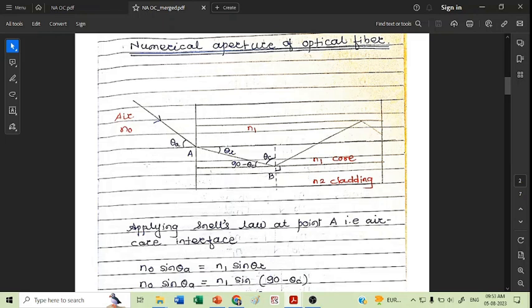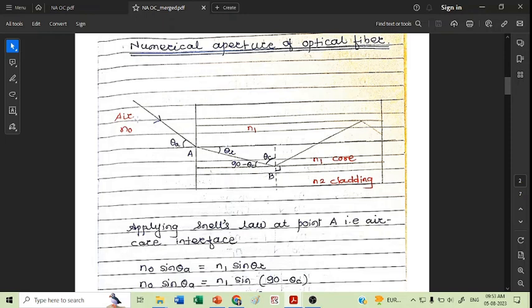Now here first of all we will apply Snell's law at point A, that is air core interface. This is air, and this is core. So here we are applying Snell's law at air core interface.